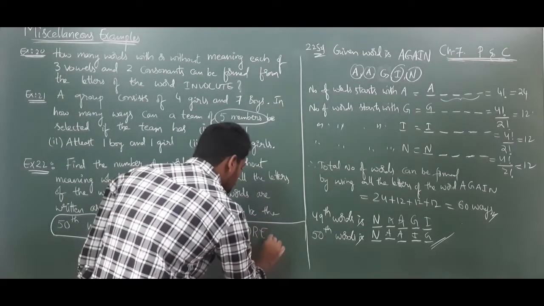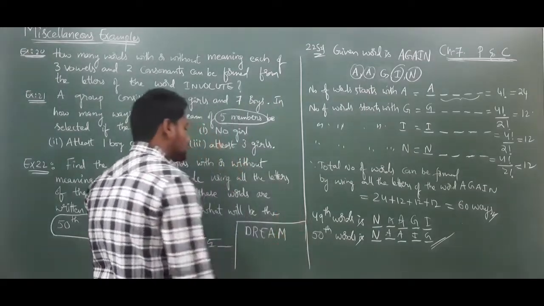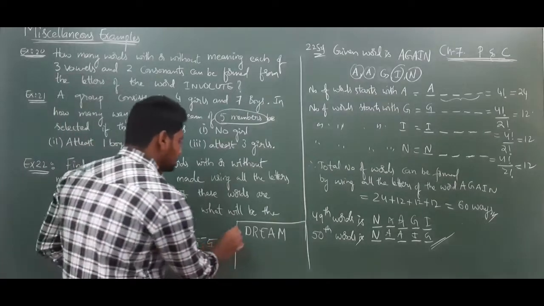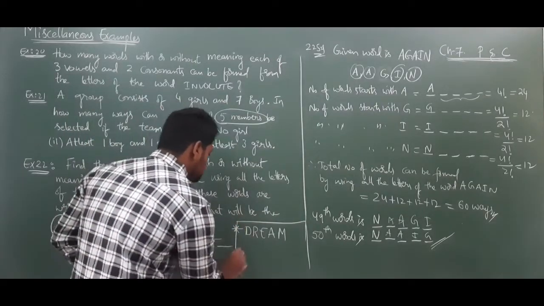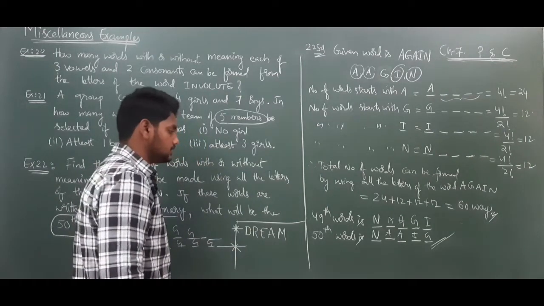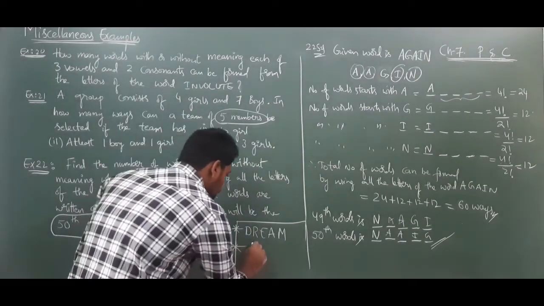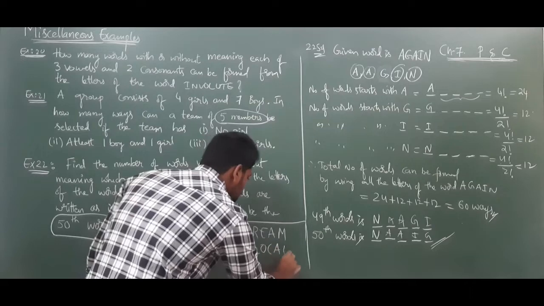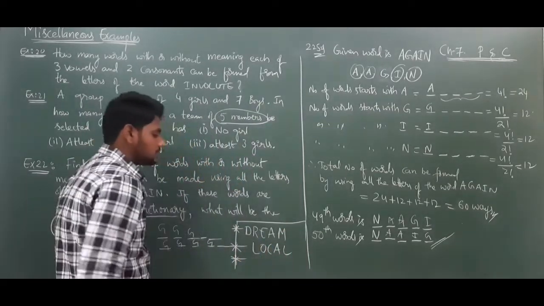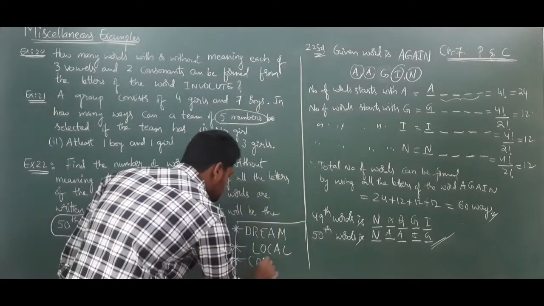Number of words that can be formed by using the word DREAM. So this is one sub question. Next one is the number of words that can be formed by using the word LOCAL, and then find the number of words by using the word CRICKET.